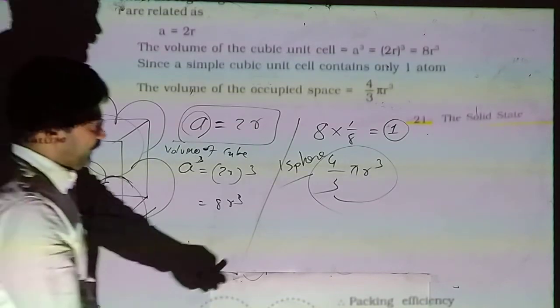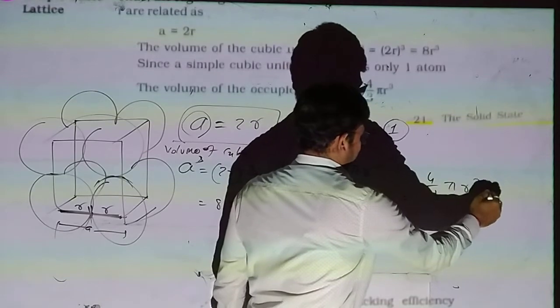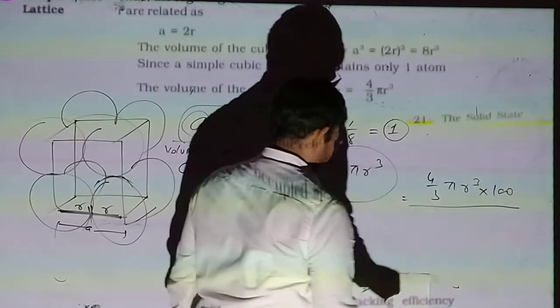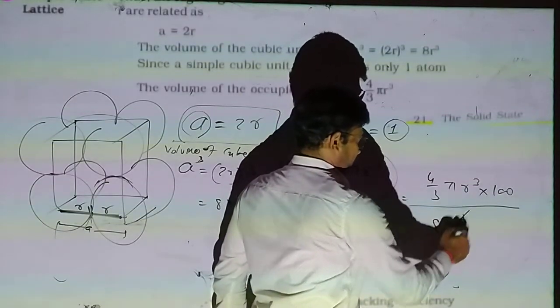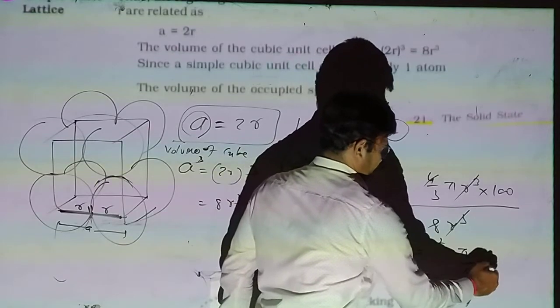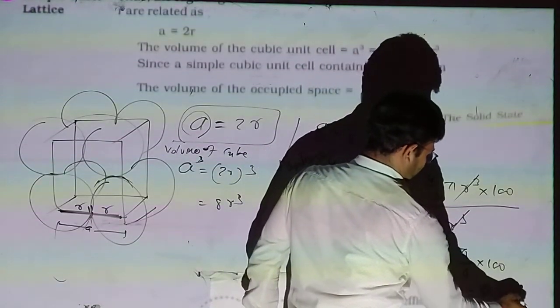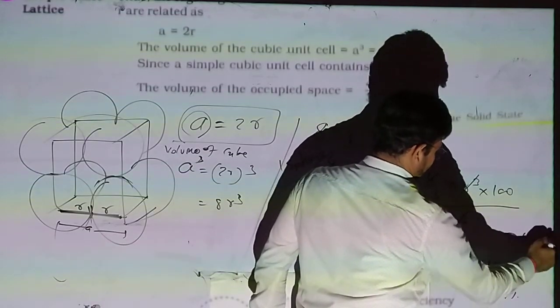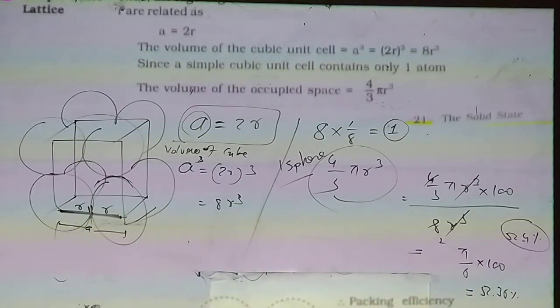Now we know packing efficiency is equal to volume occupied by the sphere into 100 upon total volume of the cube. So r cube cut, so pi by 6 into 100, so 52.36. 52.4% space is occupied by the sphere and the remaining portion remains vacant.